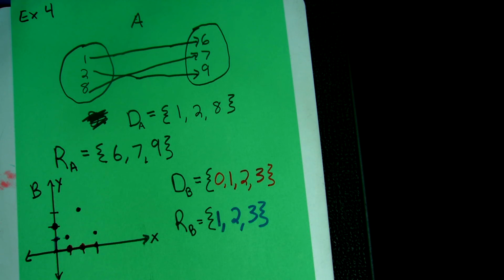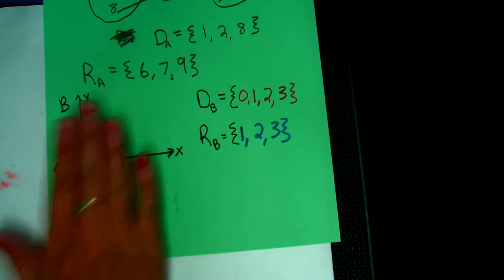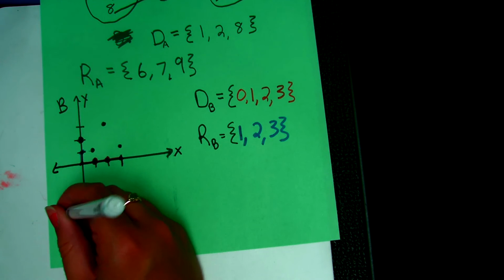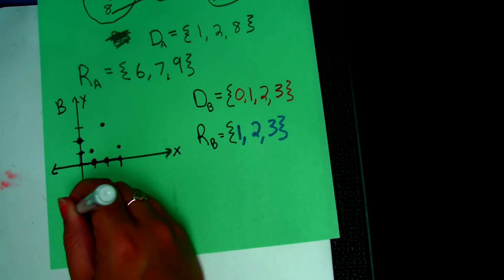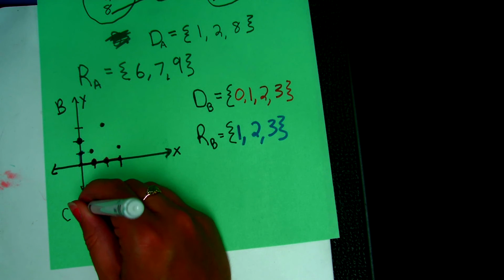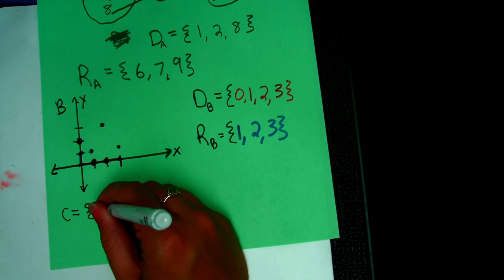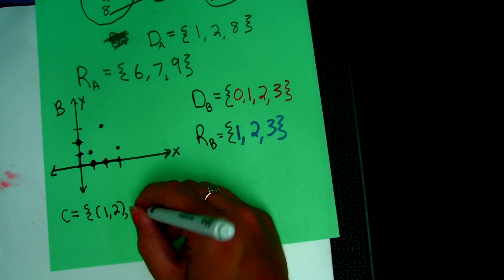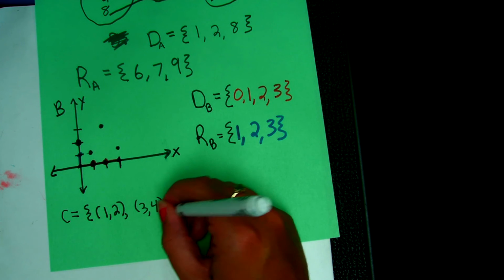So now that we've done a domain and range of a graph form of a relation, let's do a domain and range of a set form of a relation. So set relation C is going to be the ordered pairs (1, 2), (3, 4), and (5, 6).